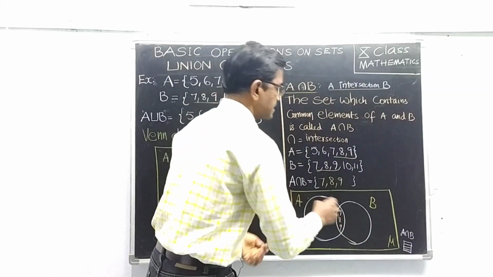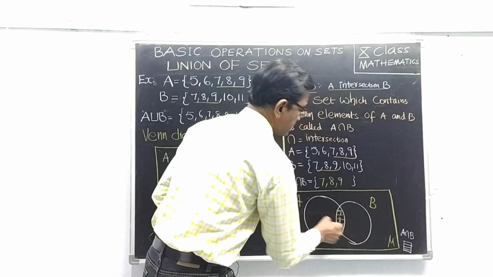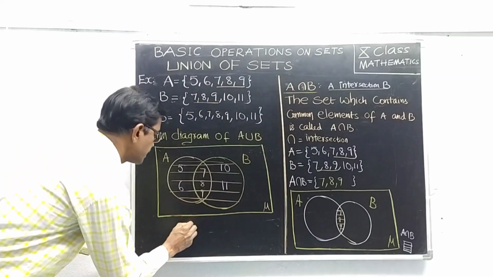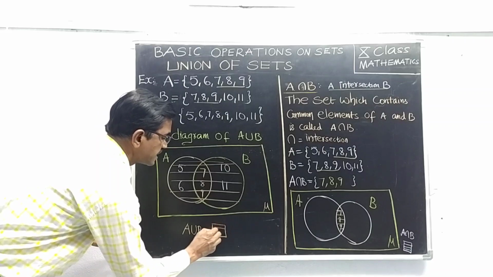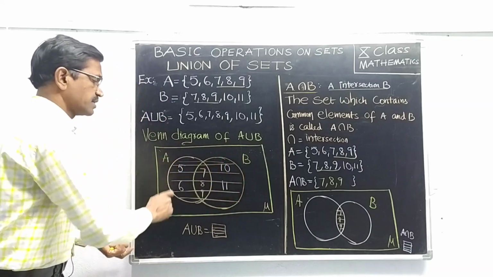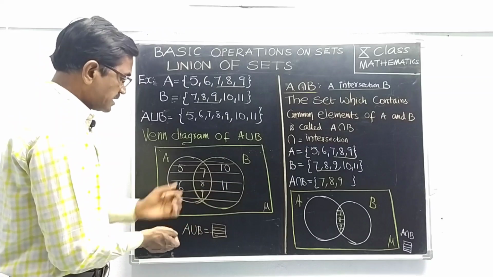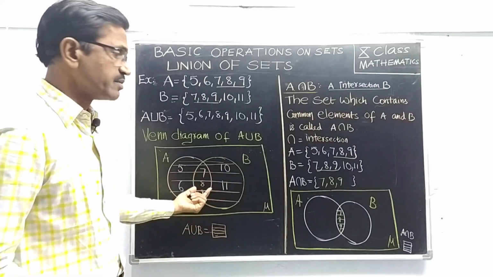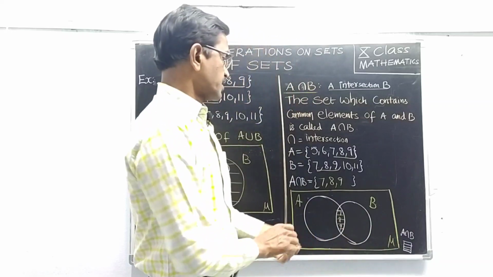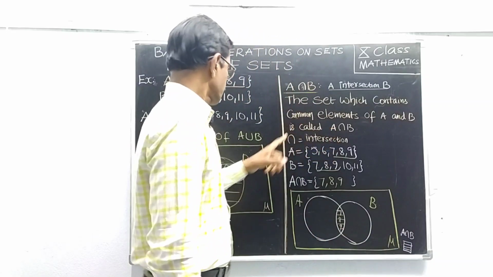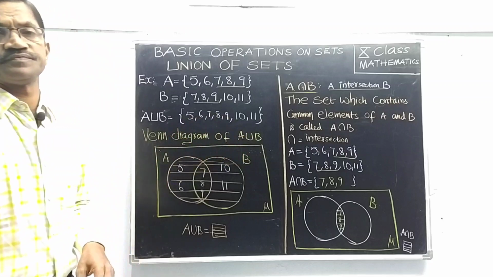Let us shade this region. This is A union B, that is represented by this shaded region. Here the shaded part is A intersection B. So read this one as intersection. This is read as union.